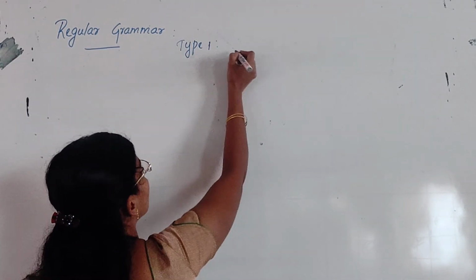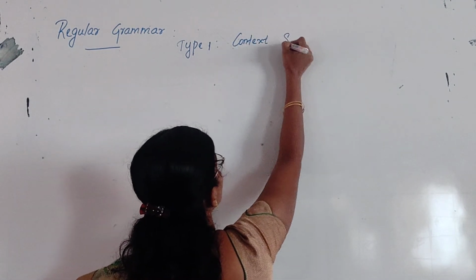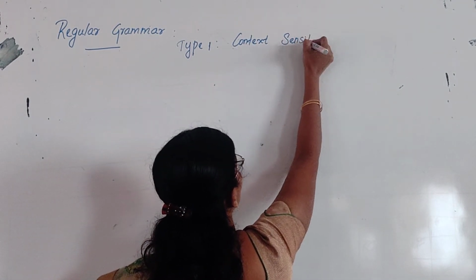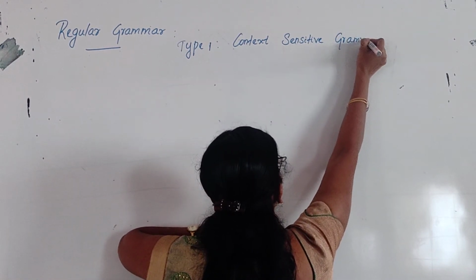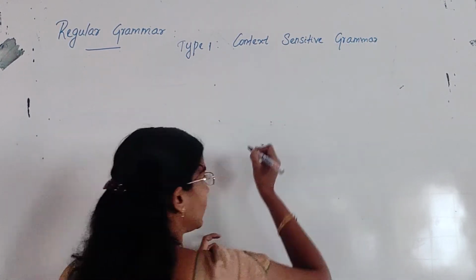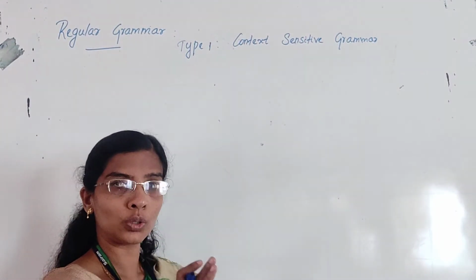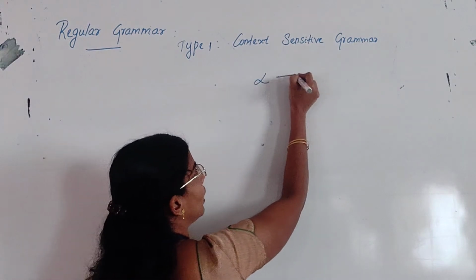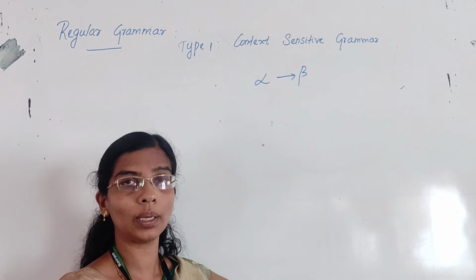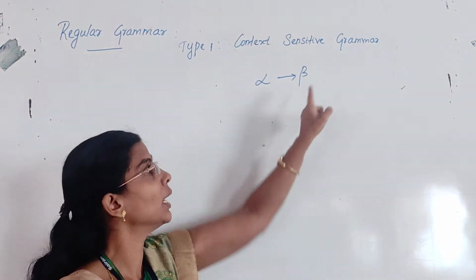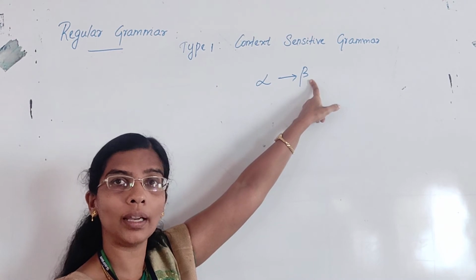Next is type 1 grammar, which is context sensitive grammar. Here, this is also in the form of alpha tends to beta, but there is a condition in the length of beta.